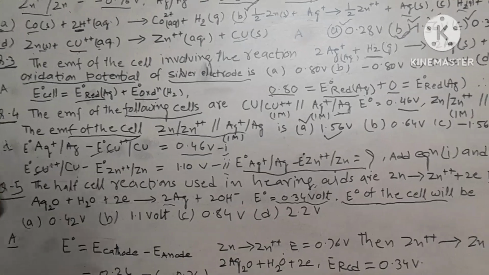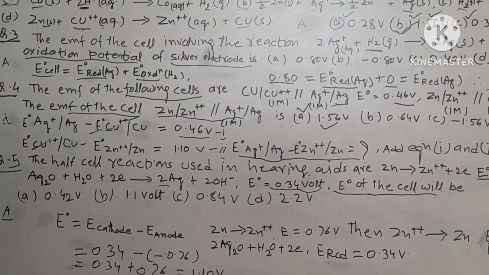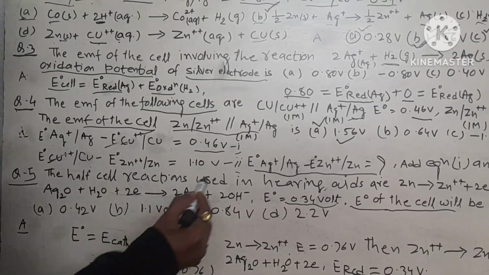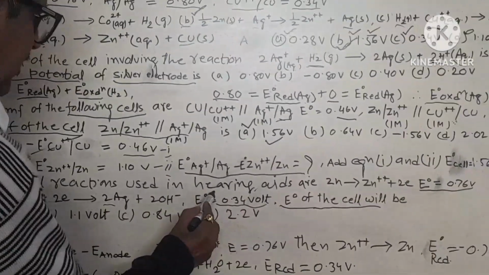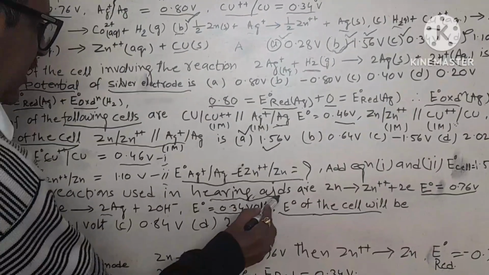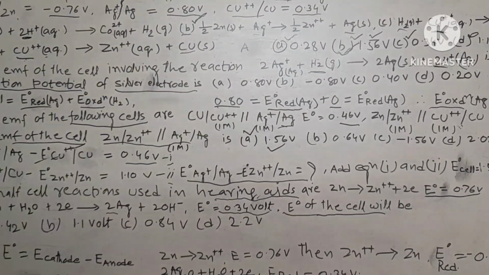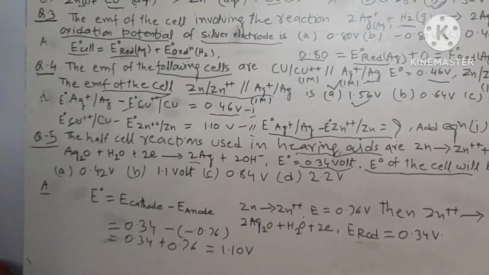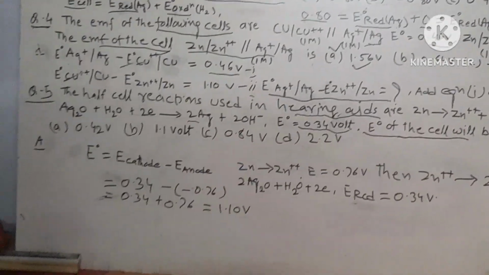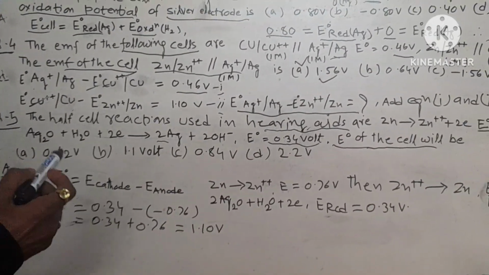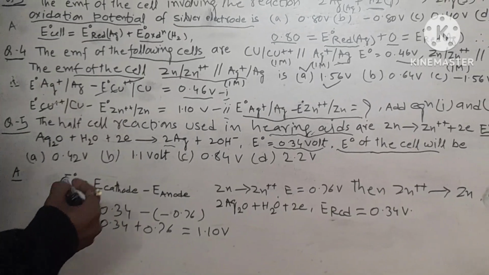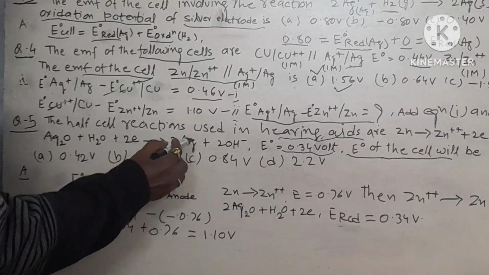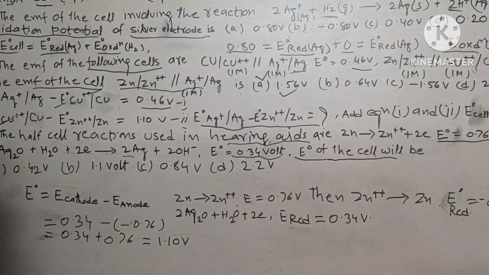Here you also learn something new: these reactions take place in hearing aids. This is a separate question. Hearing aids are used by elderly people who are not listening properly, and in that device they are using a cell. Two half cells they have given.